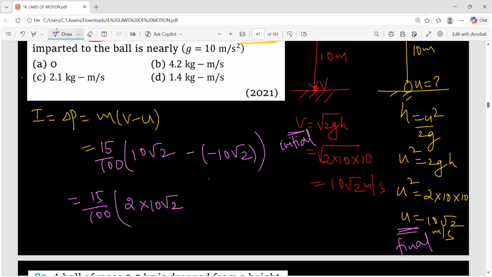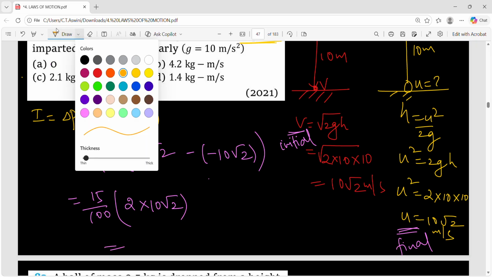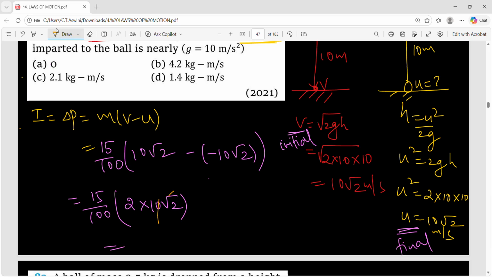So 15 by 100, 10 root 2 minus of minus 10 root 2. So it is plus, right? So I'll get 2 times 10 root 2. Now simplify this, how much will you get? 0, 0 cancel. 2 one time, 2 5 times, 5 one time, 5 3 times.